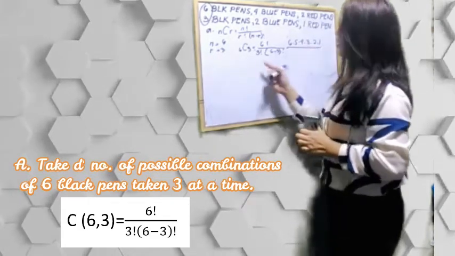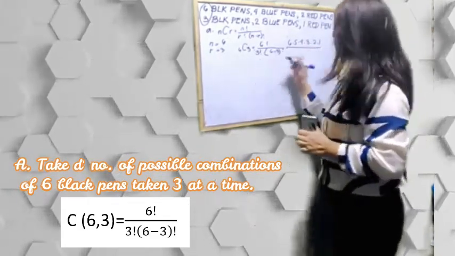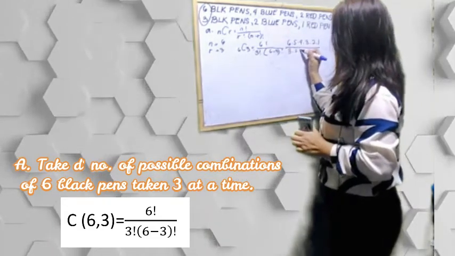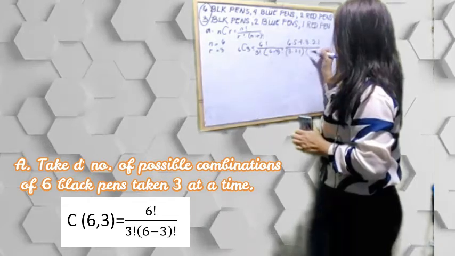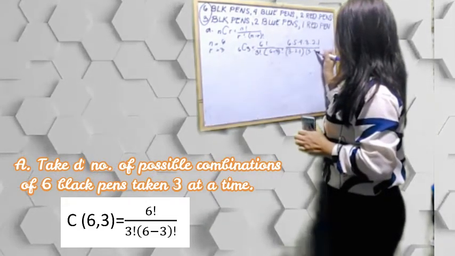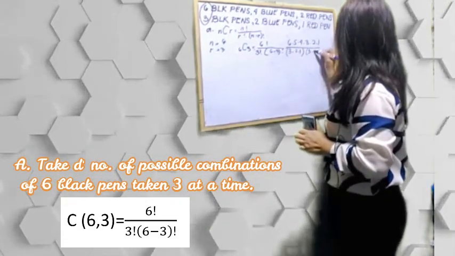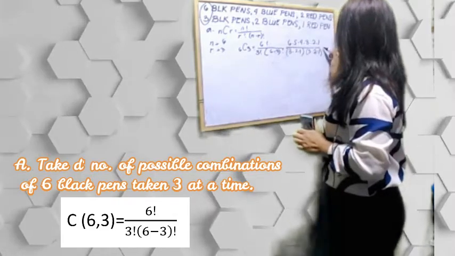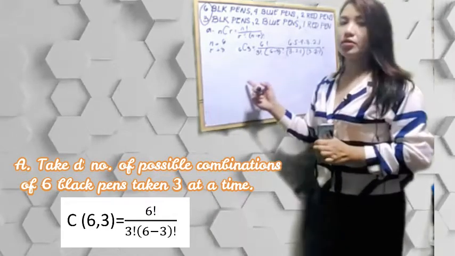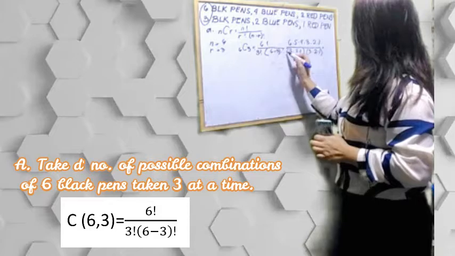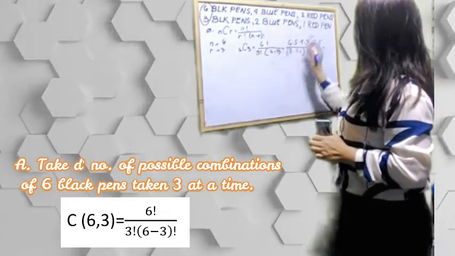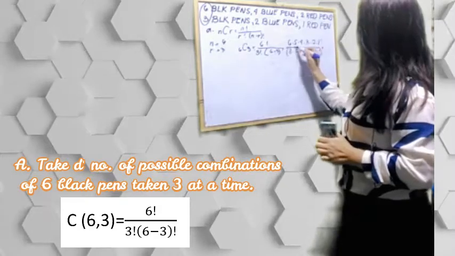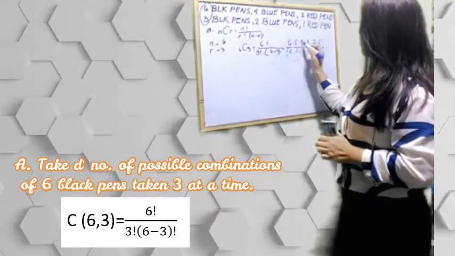Are you following? Then 3 factorial, when expanded, will be 3 times 2 times 1. 6 minus 3 will be 3, which is still in factorial, so that will be 3 times 2 times 1. As you can see here, we have 3 factorial below and 3 factorial above, so we can cancel this out. What will be left is 6 times 5 times 4.